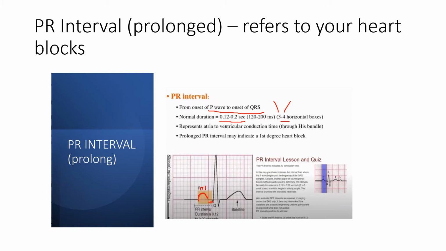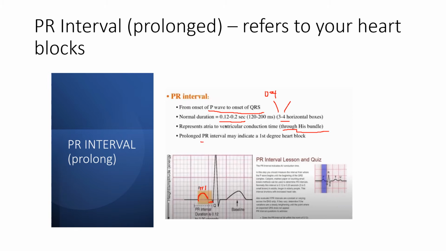So all you have to say is 3 times 0.04 is equal to 0.12. It represents your atrial to ventricular conduction time through the bundle of His.